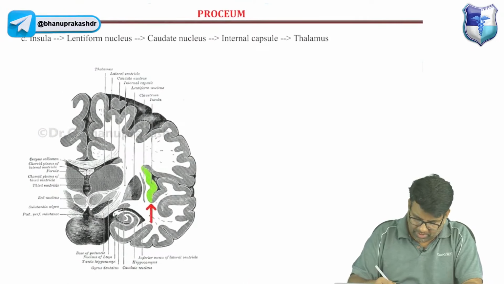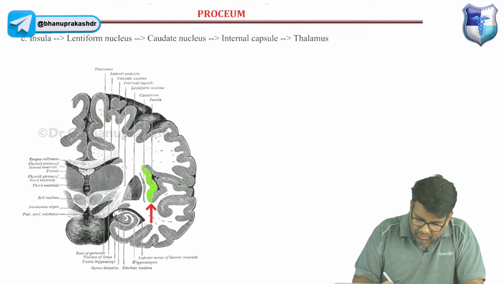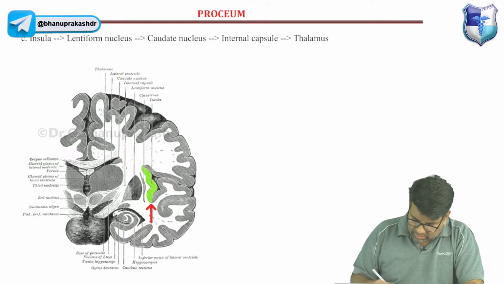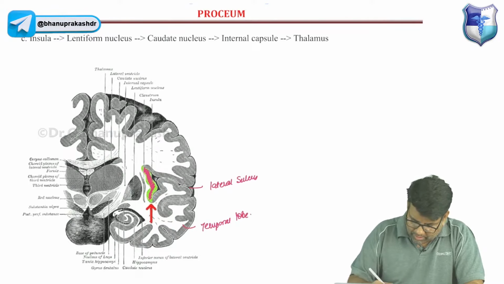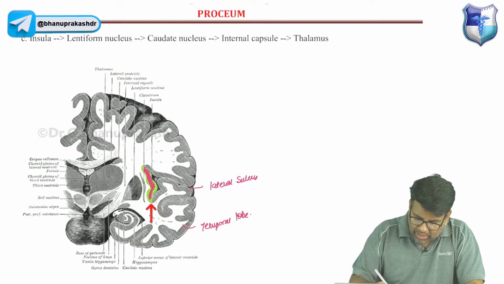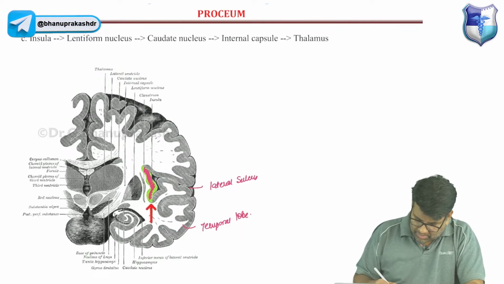So if we look in the image, this is the insular cortex, the lateral temporal, and then we have the putamen.